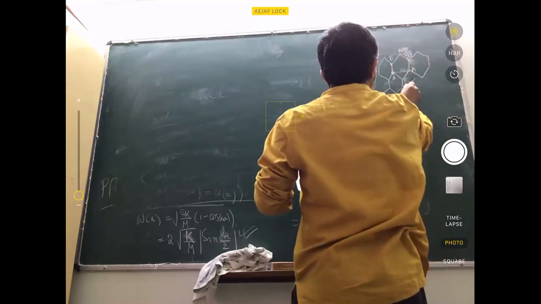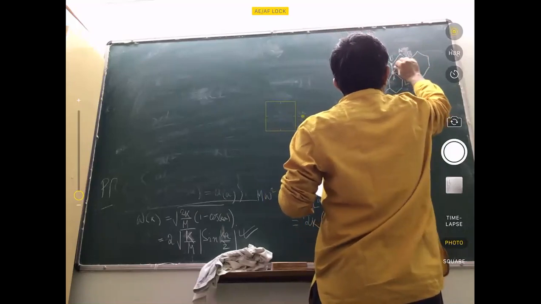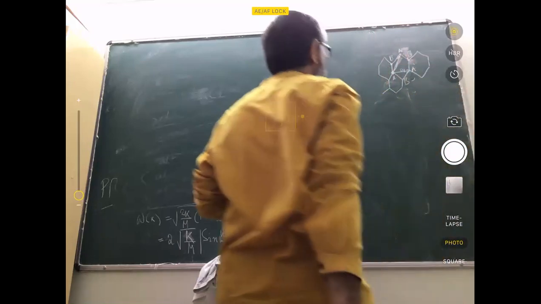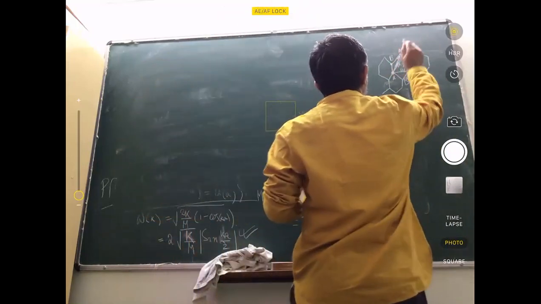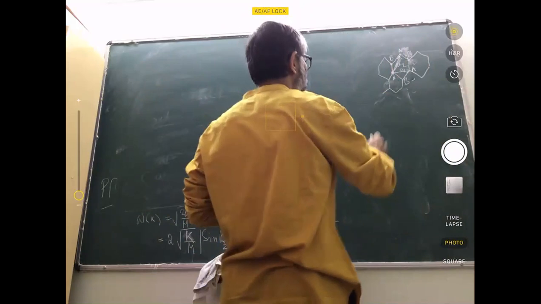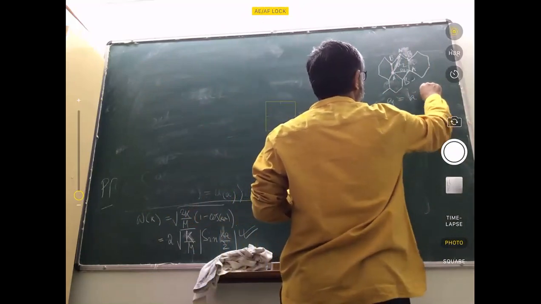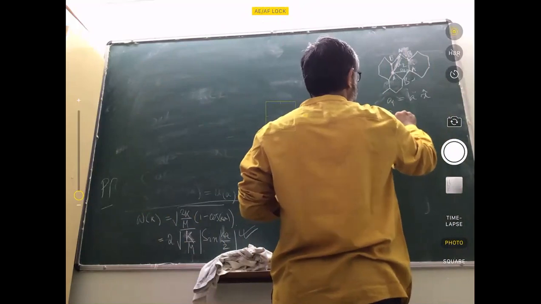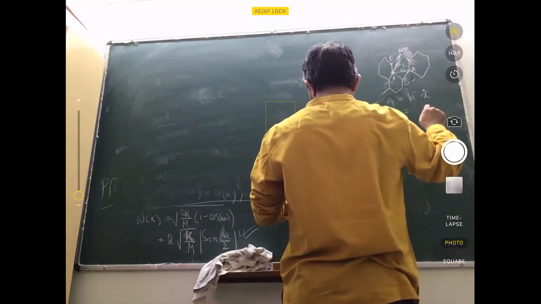Okay, and so this is A1. This would be A2. So the first thing you have to write is what is A1 and what is A2. So A1 is given as this thing, and A2 is, let's see what it comes out to be.